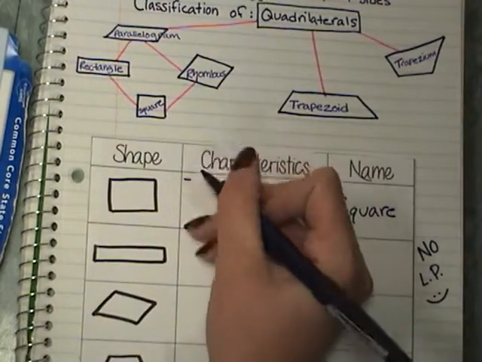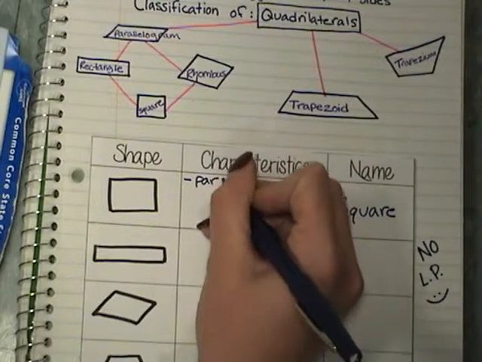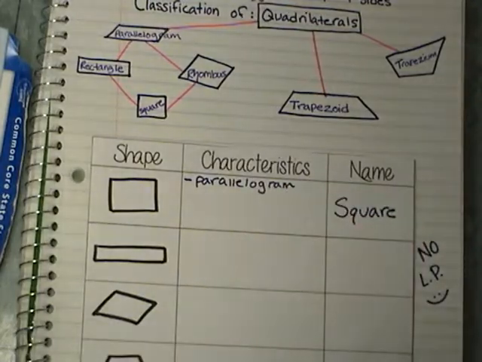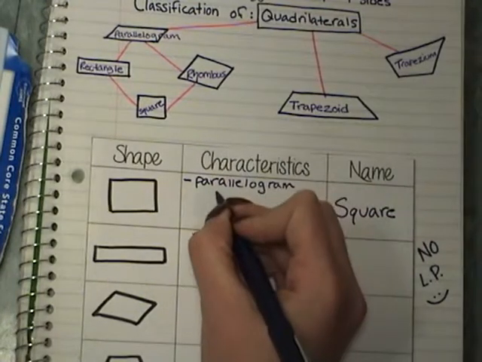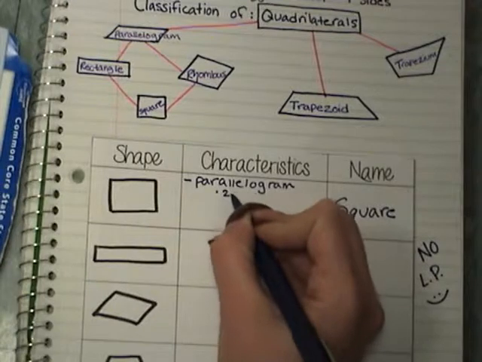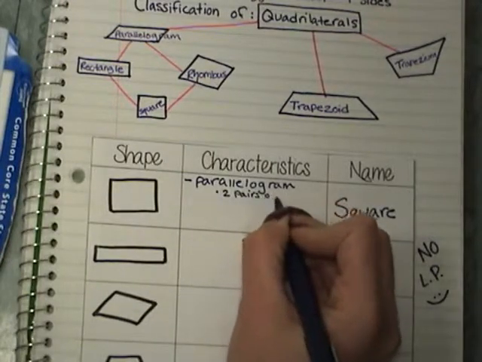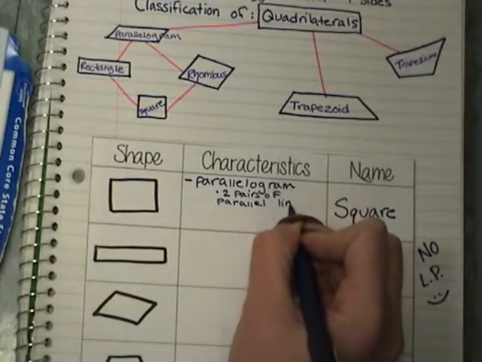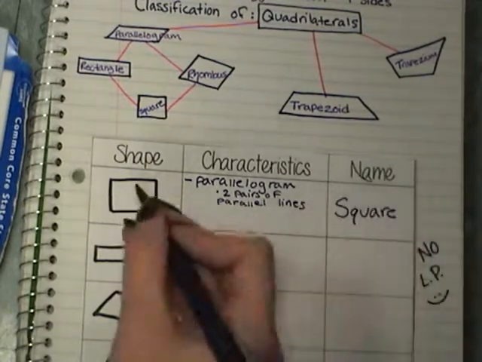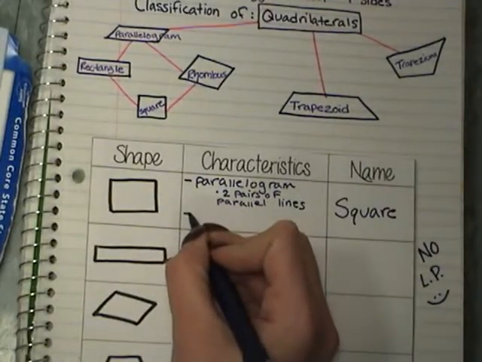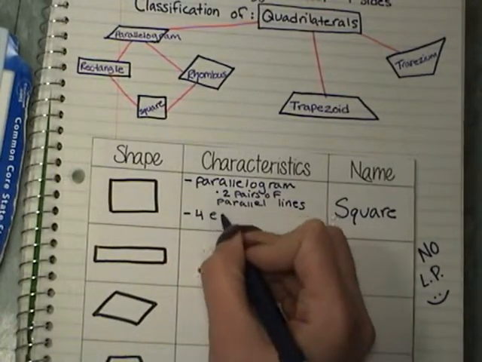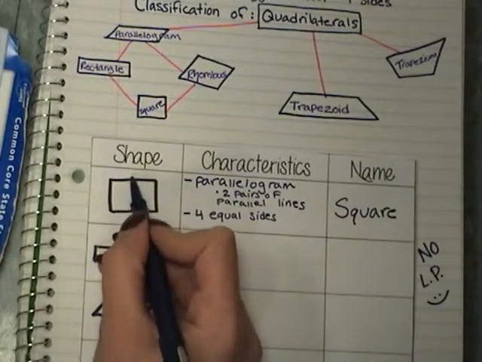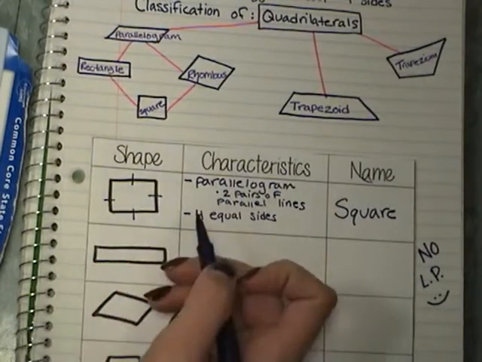So we're going to write parallelogram, which means it has two pairs of parallel lines. What else does a square have? It has four equal sides. So like we've drawn before with our hash marks, 1, 2, 3, 4. These are all the same.